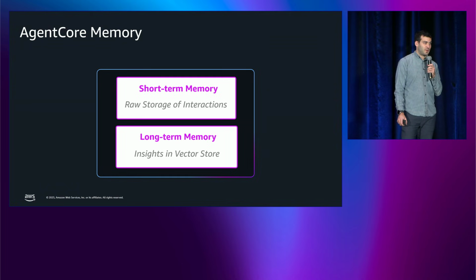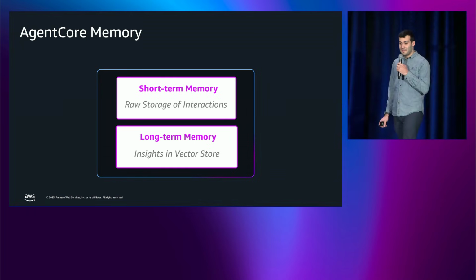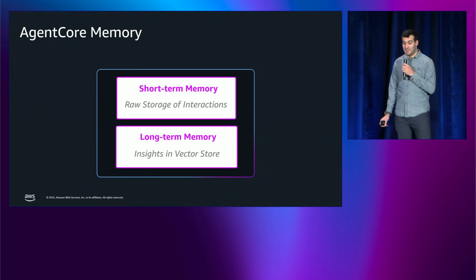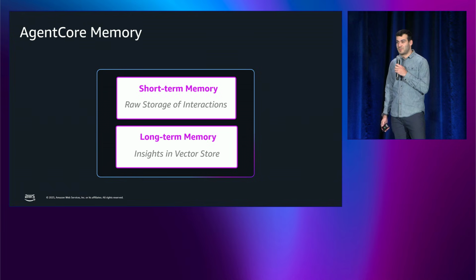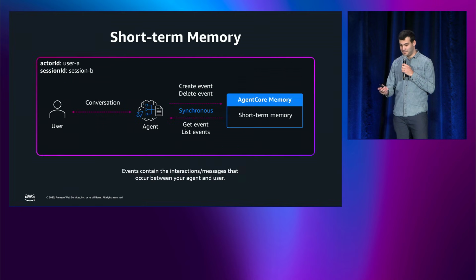And that persists from 7 days up to a year based on your configuration settings. And then we also have long-term memory. Your long-term memory holds the important information, those key insights that persist throughout. And your agent can retrieve both short-term memory and long-term memory in order to complete the job at hand.